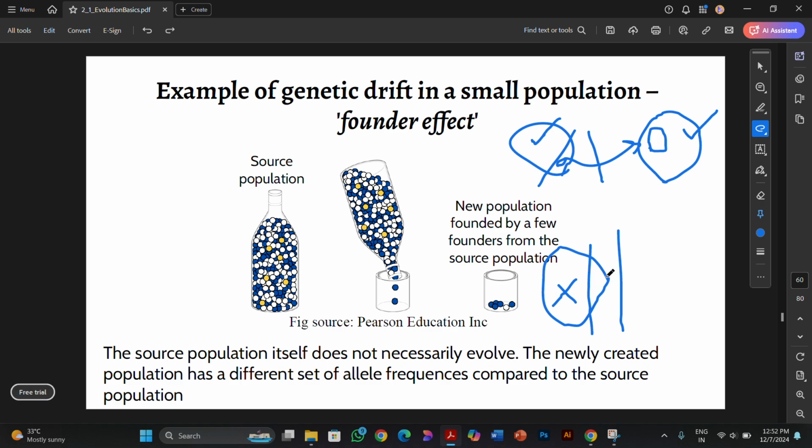Suppose they are here and they just increase over time. So there is no traveling, but one part dies and the smaller part keeps reproducing and makes a bigger population.